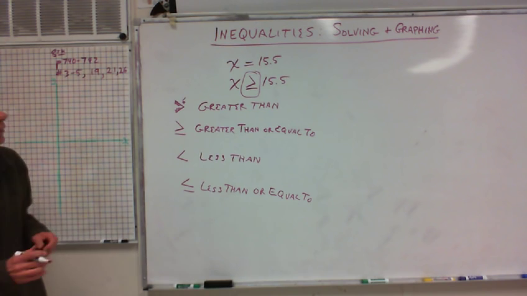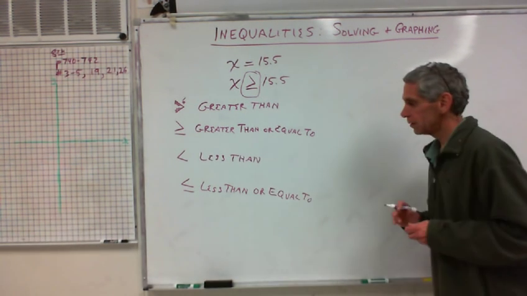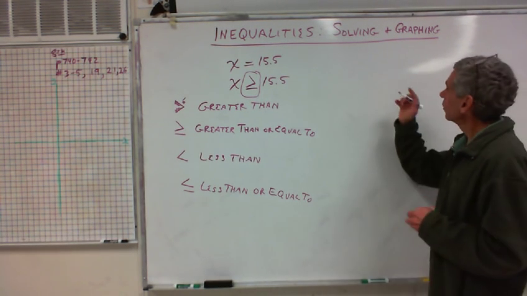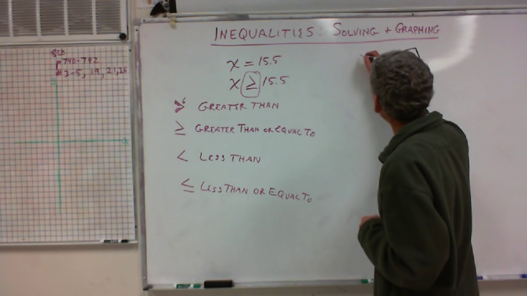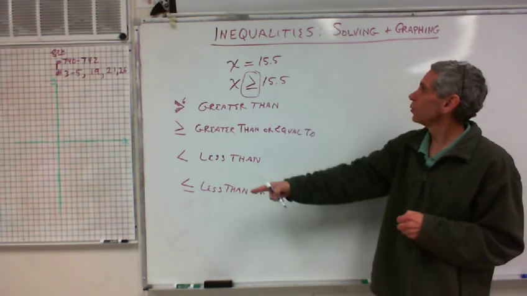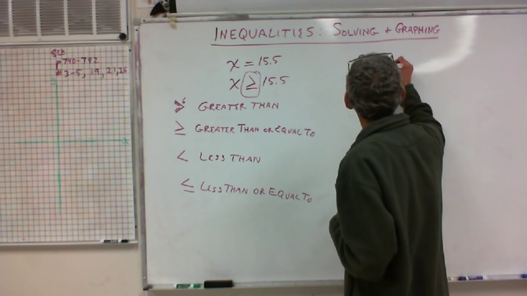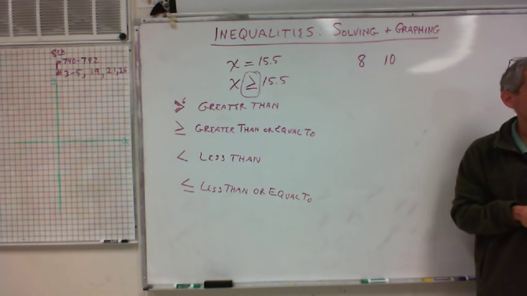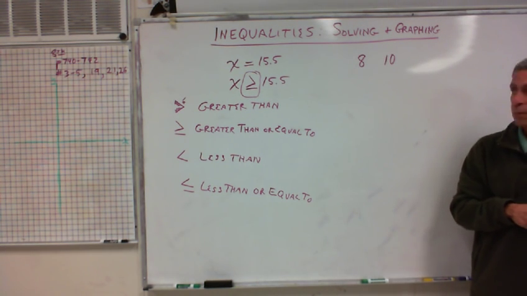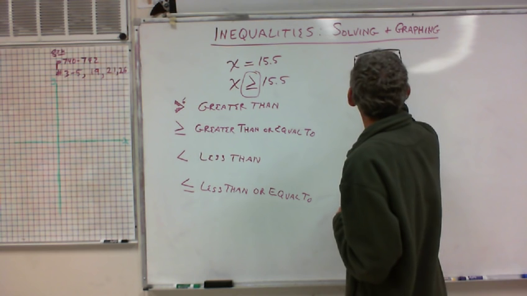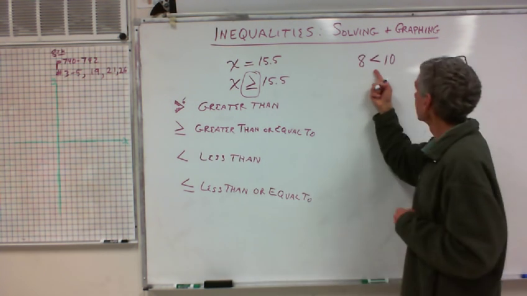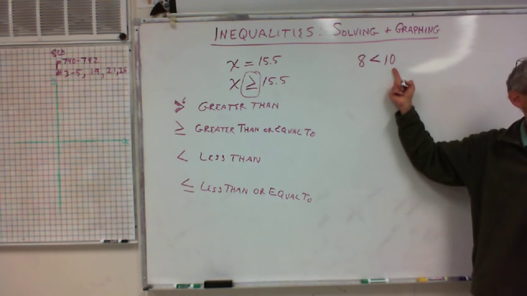That's awesome. So if I said, which one of these signs would I put to make this correct? Less than, this one, right? So you're saying 8 is less than 10. Yes, correct.